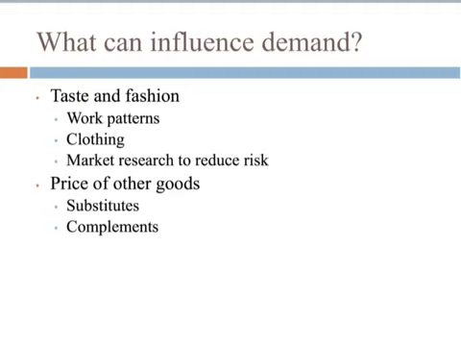Taste and fashion then. Over time, fashion and people's taste change. So such changes affect the demand for products and services. For instance, changes in working patterns tend to mean that fewer families sit down in the evening for a traditionally produced family meal sitting around a table, often because of a lack of time.